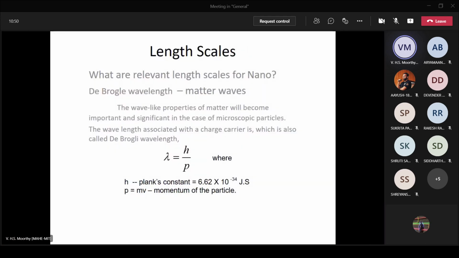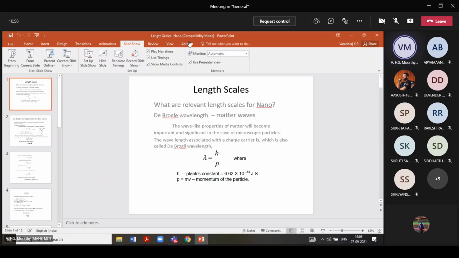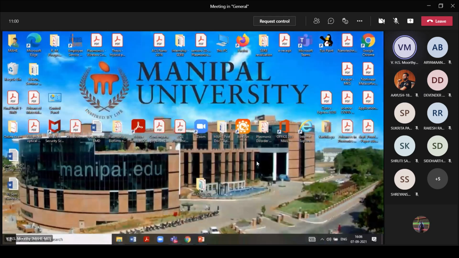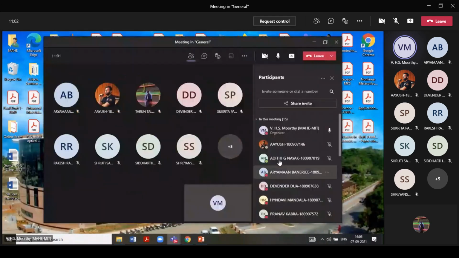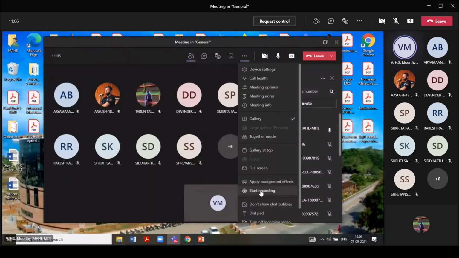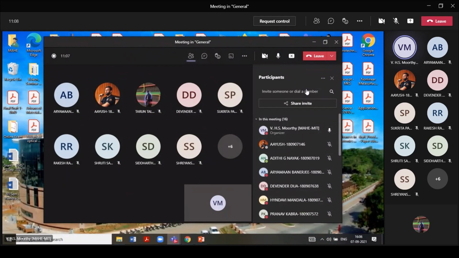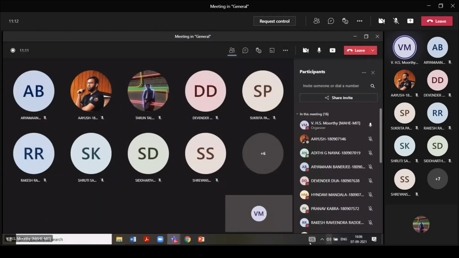Are you able to see the slides? Please respond, one or two people. So we can see the slide. Can you record the session? Okay, I will do that once we start. Okay, I just now started recording.